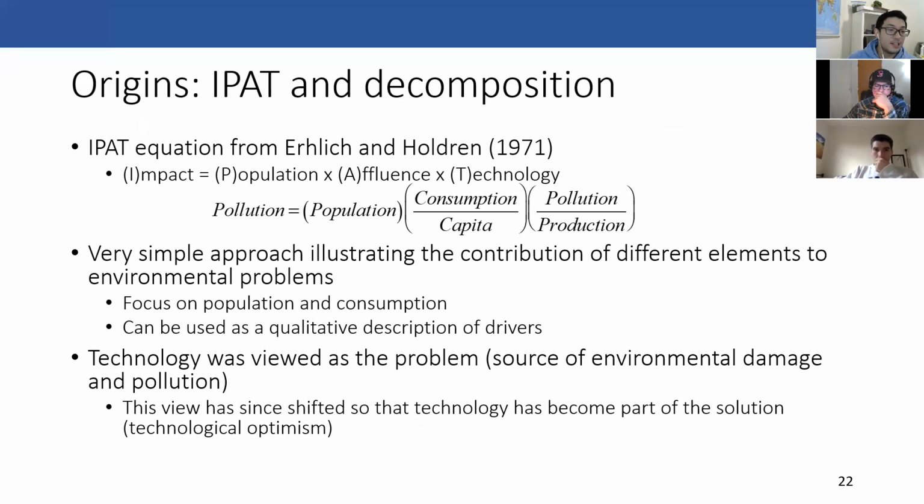And so this looks at pollution at a higher level. The IPAT stands for impact is equal to population times affluence times technology, and this was applied to look at pollution impacts. So pollution is equal to population times consumption per capita times pollution per production.